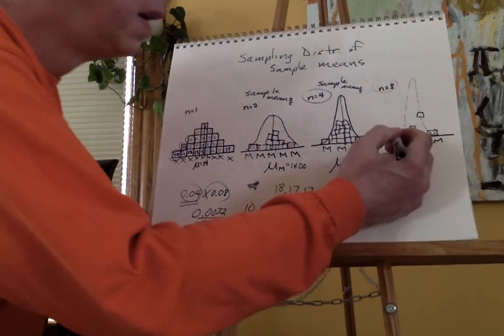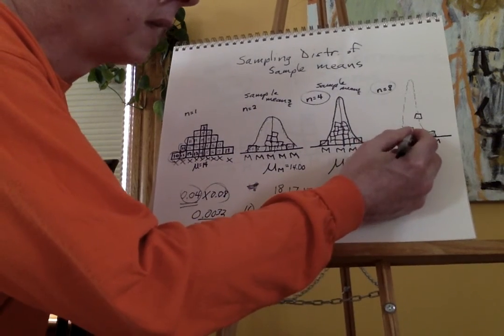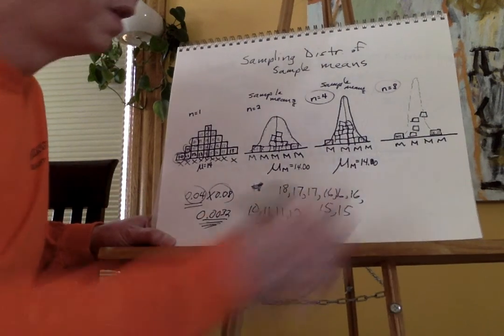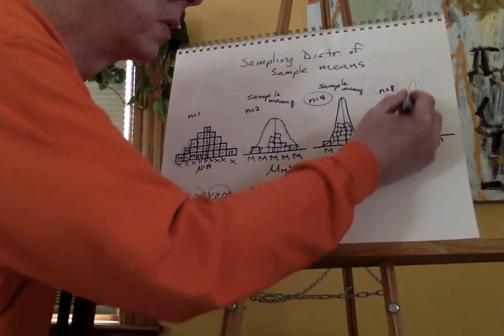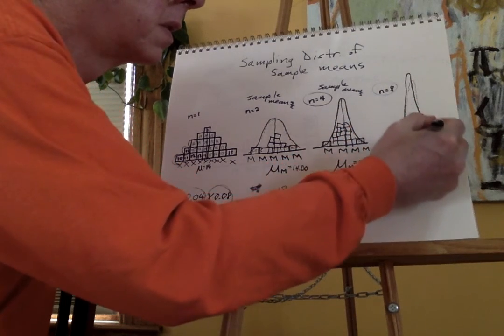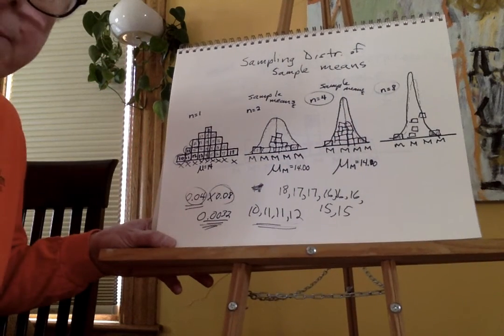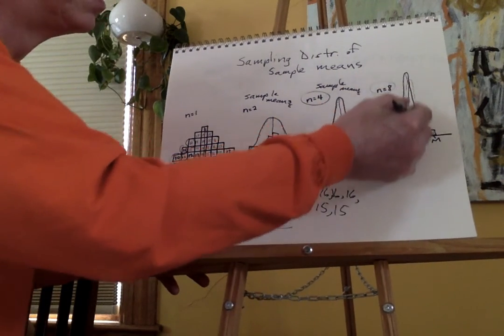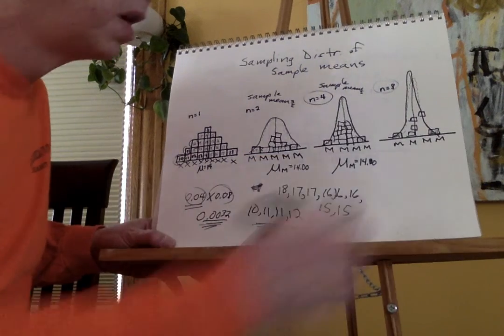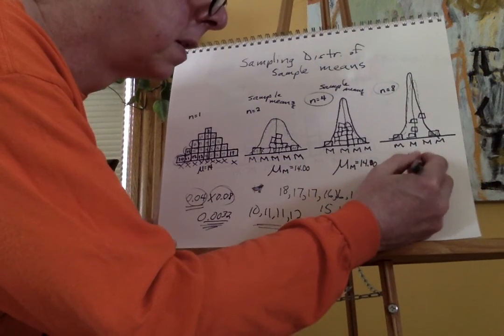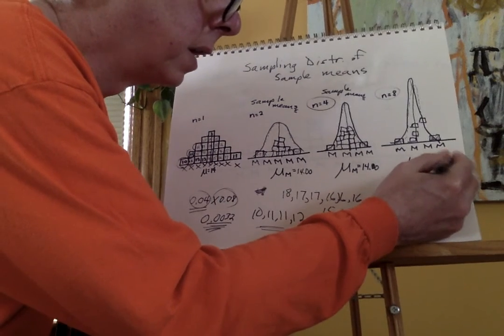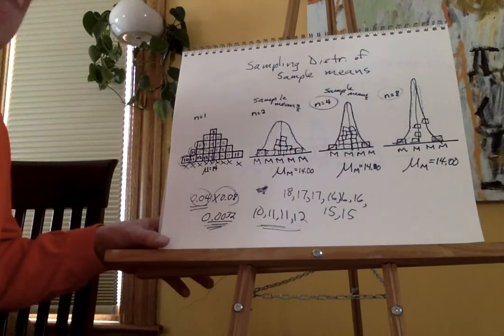Most of the blocks will be in between them and really toward the center, and we have a distribution that would look like this. Guess what the mean of this distribution would be? The mean of this distribution would be 14. That's just what's going to happen when I do this 1,000 times.